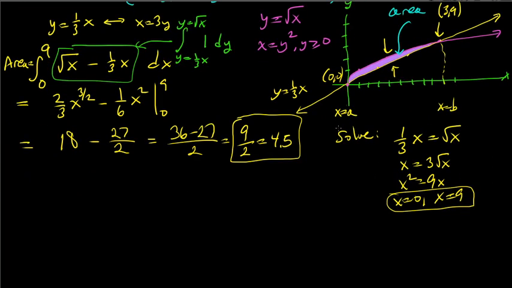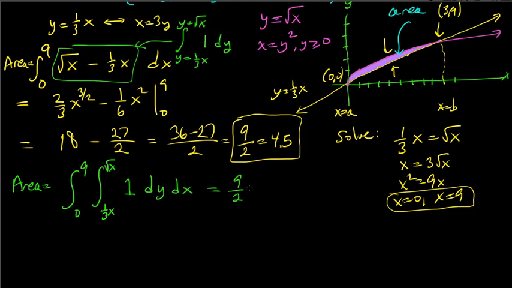If we do that, now the area becomes an iterated integral. The outside integral is still from 0 to 9. The inside integral is now going to be 1/3 x to the square root of x, and we're just integrating the number 1, first with respect to y, then with respect to x. And if we do that, we should get the exact same thing. In fact, we did it already.